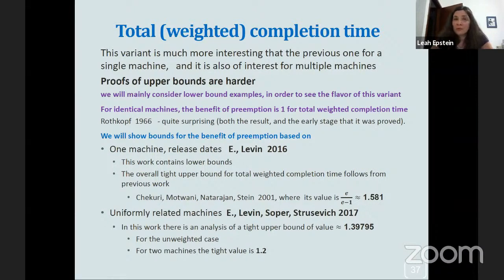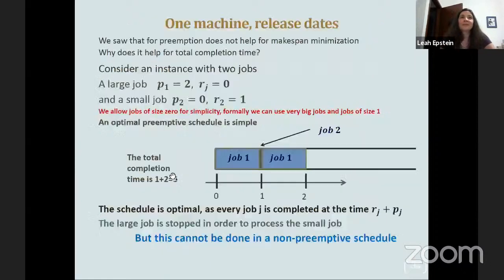And if you want to know where we got this number, 1.39795, this is not something we invented. This is what we found. So I like lower bounds, even though they are less useful than upper bounds. So let me talk about the lower bound in detail.